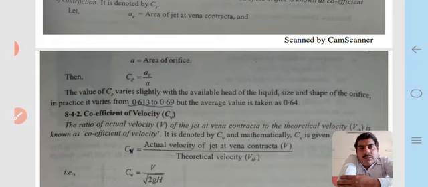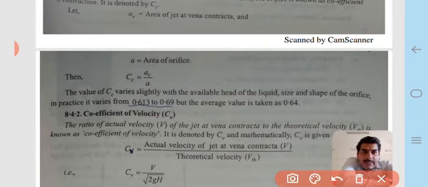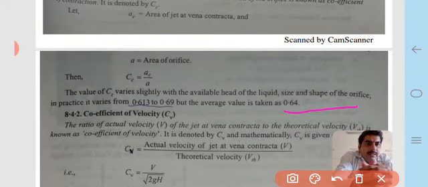Therefore, the contraction coefficient is the ratio ac/a. The value of Cc varies slightly with the available head of the liquid and the size and shape of the orifice. In practice it varies from 0.613 to 0.69, but the average value is taken as 0.64.